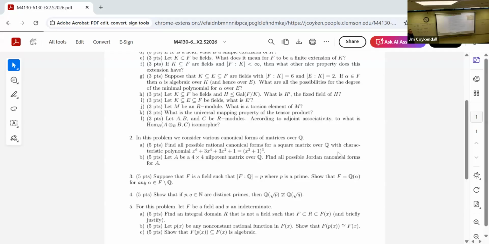How does it show, for all elements, what if there's a U that's not a root? How do we know that for all elements in F adjoin X, it is a root? Here's why.